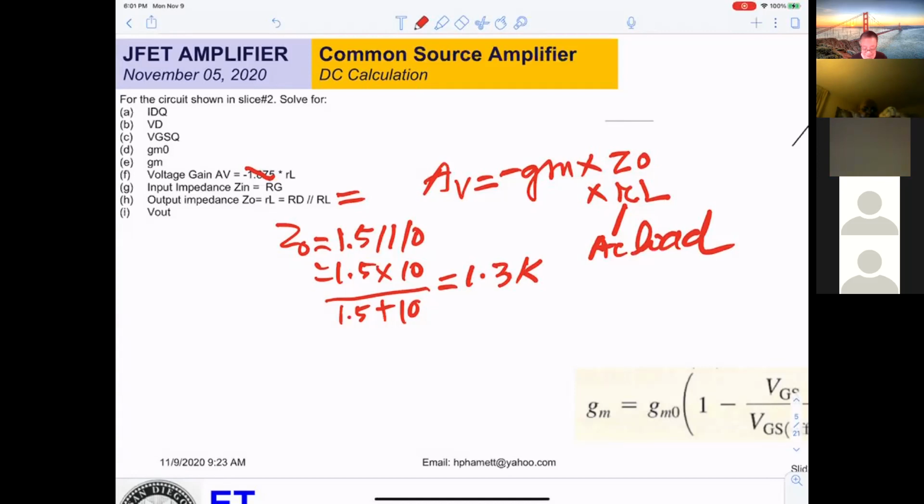If you cannot get through that calculation, what can you do? Then AV will be equal to minus gm times r out. Is it negative 4.89? You say negative 4.89. Yes, sir. Make sure you can get the same answer, okay?